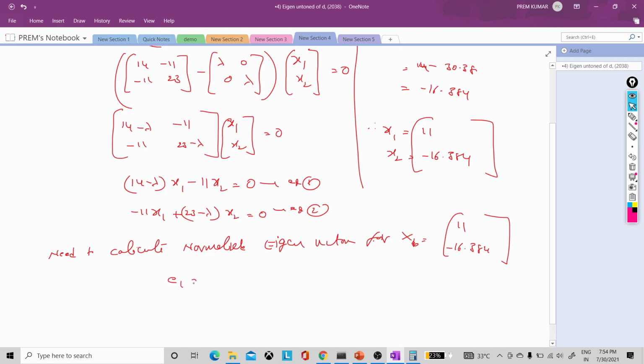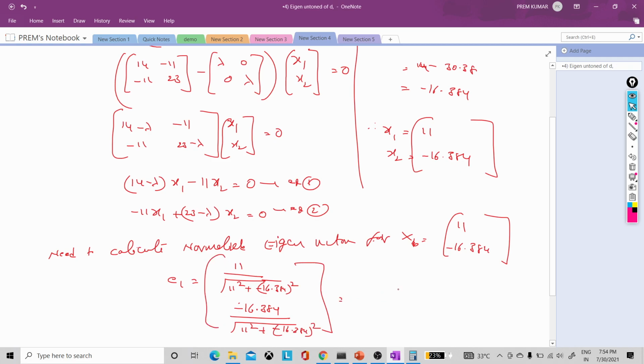So unit eigenvector E1 is equal to 11 divided by root of (11 square plus minus 16.384 whole square), and minus 16.384 divided by root of (11 square plus minus 16.384 whole square). So you will get the answer 0.5574 and minus 0.8303. So this is the normalized eigenvector for this vector x.